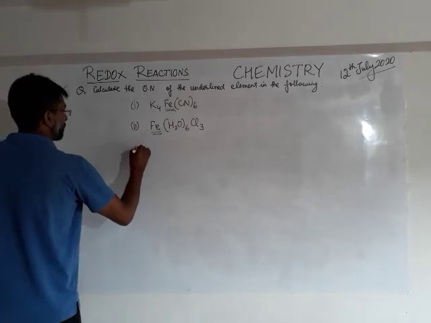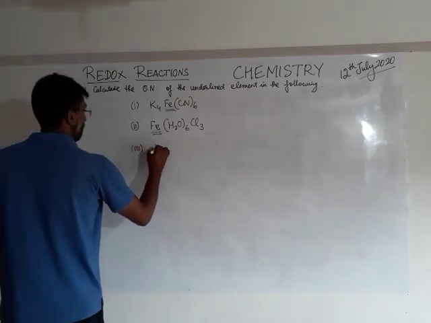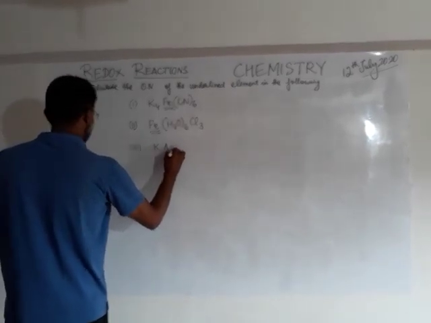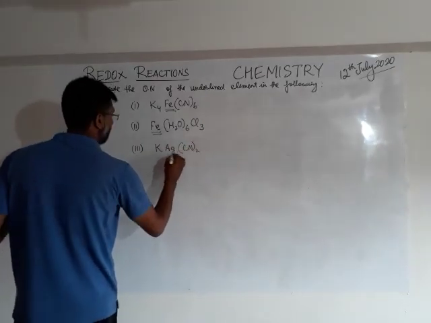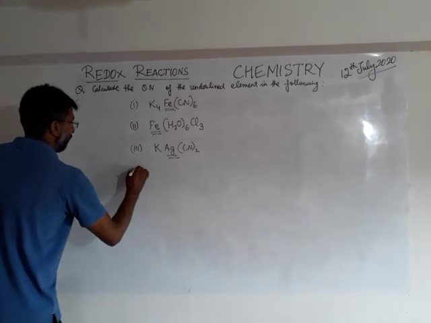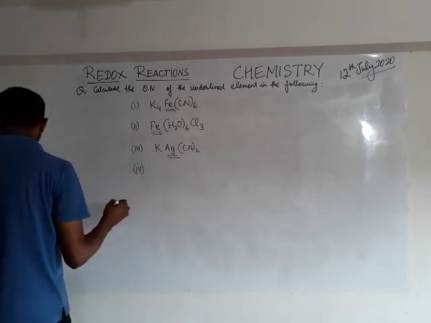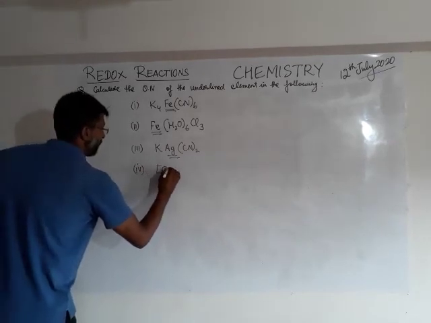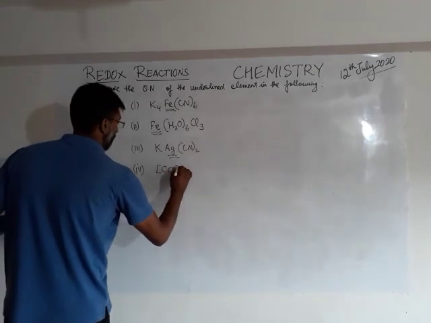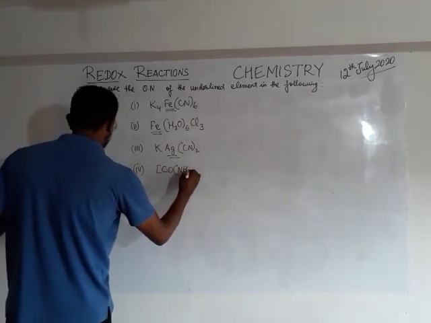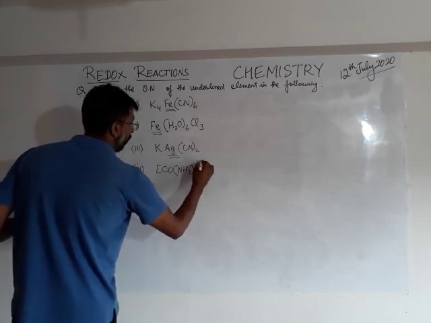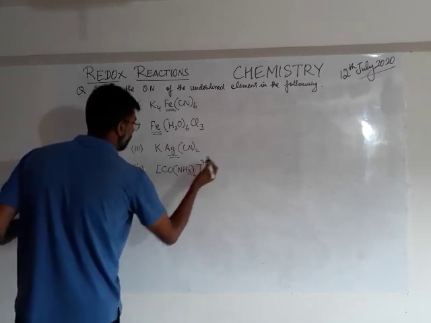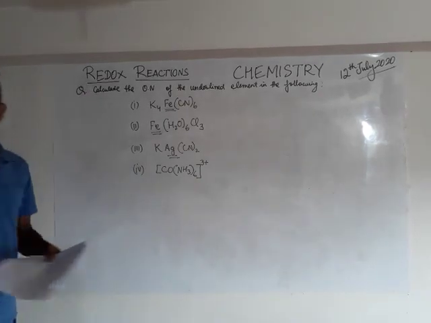The third one is KAg(CN)2. The underlined element is silver. Fourth one, Co(NH3)6, and over here overall charge I am giving, it is an ion, 3 plus or plus 3.